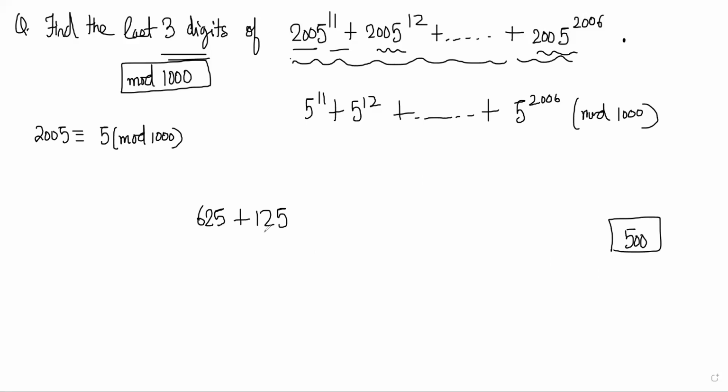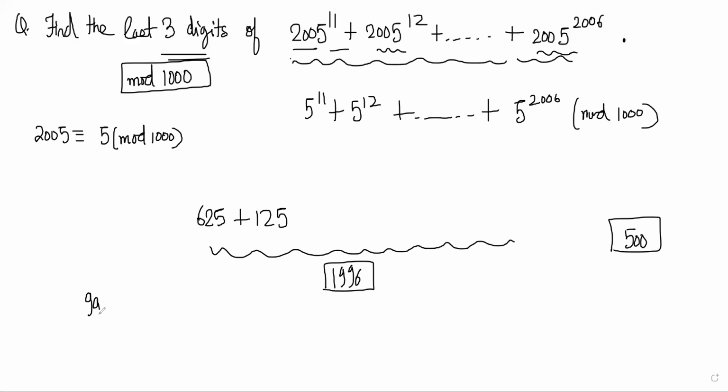But then you are counting the terms slightly wrong, I think. The total number of terms is 1996, so there should be 998 terms of 625 and 998 terms of 125.